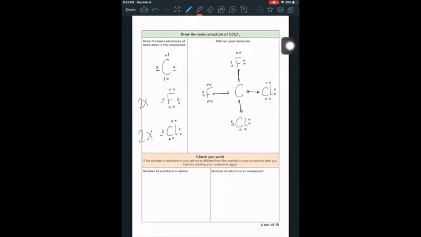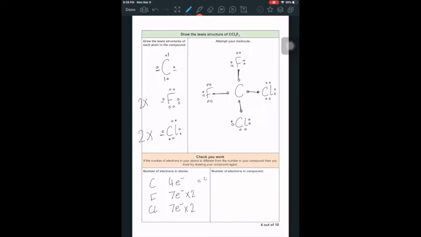The first thing I can do, I can draw carbon, fluorine, and chlorine. Carbon has 4 electrons, fluorine has 7 electrons, but it's times 2 because there's 2 fluorines, and chlorine has 7 electrons, and it's times 2 because there's 2 chlorines, right?